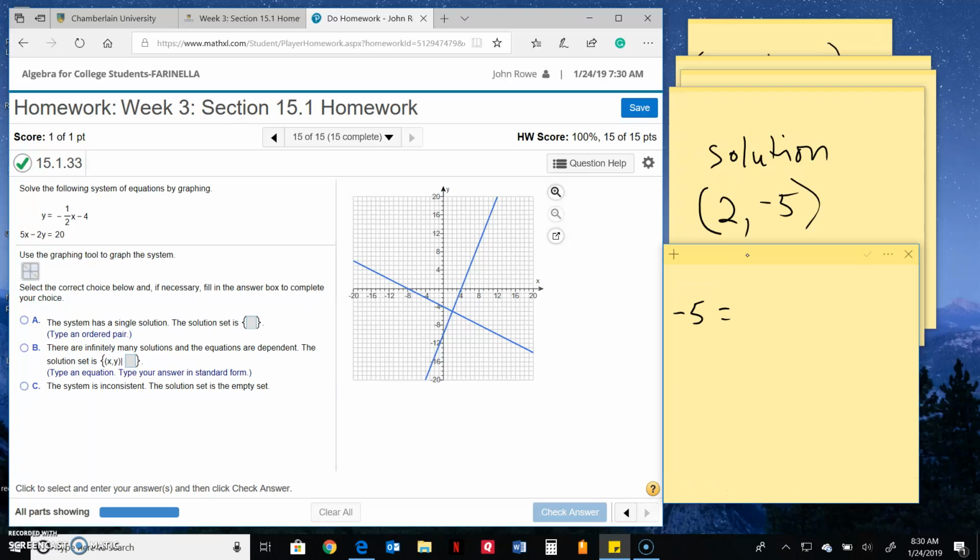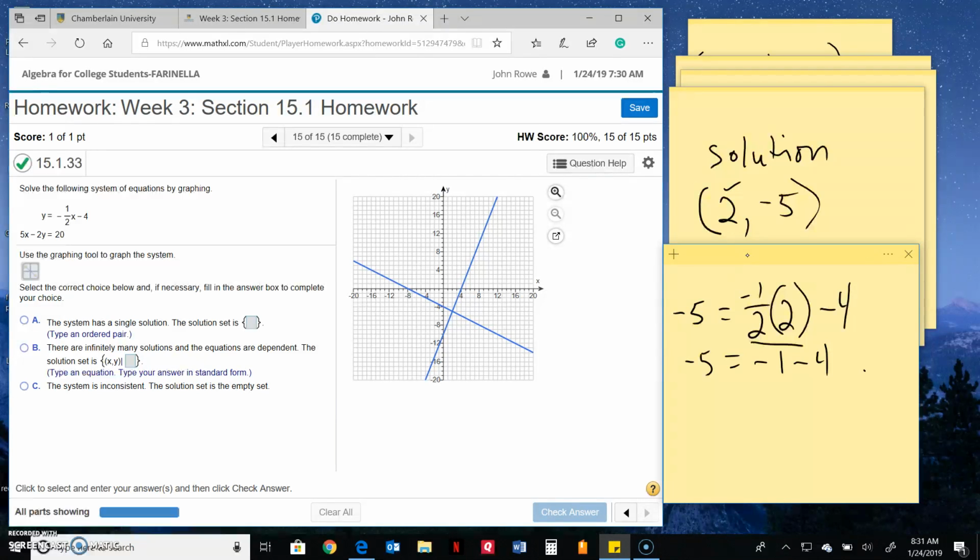Negative 5 equals negative 1/2 x, which would be 2, minus 4. So negative 1/2 of 2 equals negative 1, minus 4 is equal to negative 5. So this one checks out.